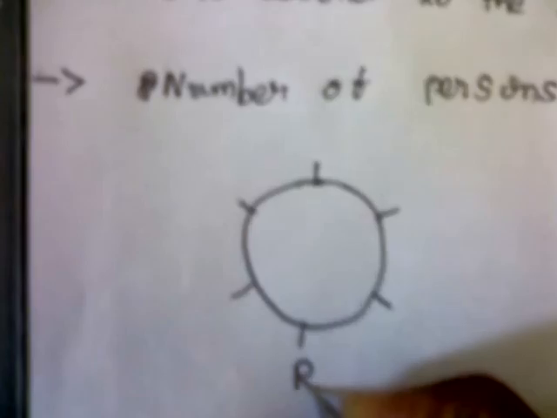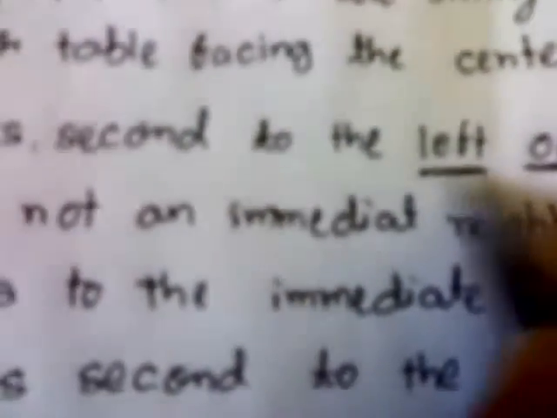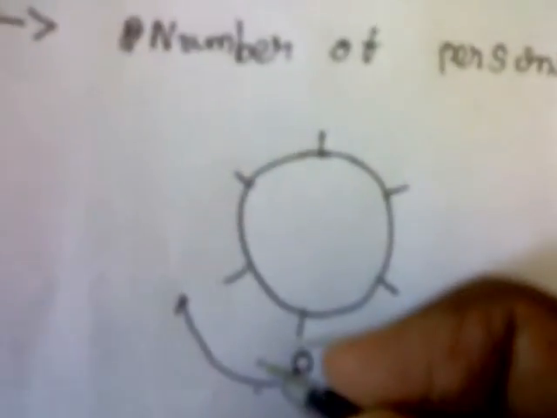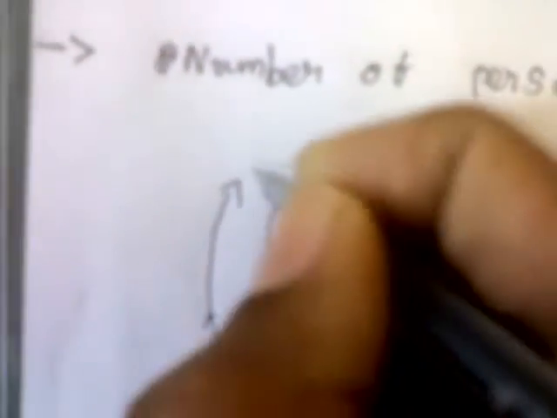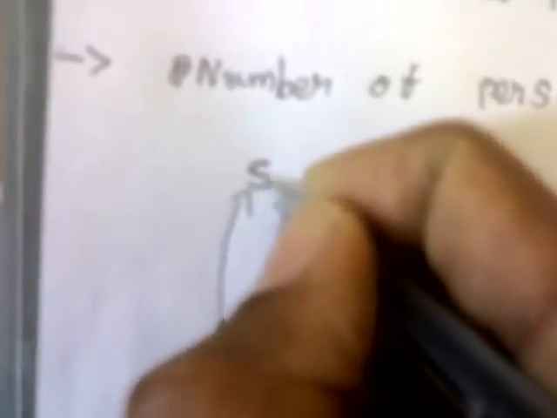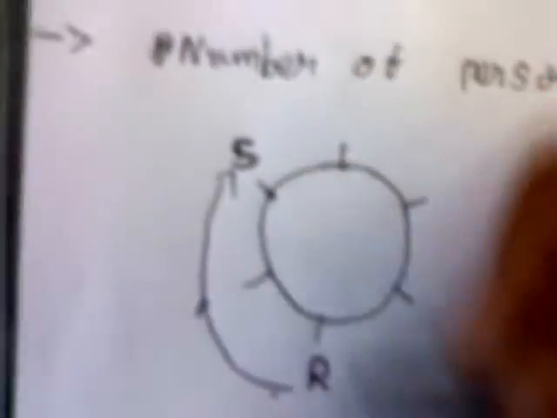So we will put R randomly here, and now read the condition again. S sits second to the left, and here comes the word left. So we will move in a clockwise direction from R, and it says second to the left of R. This is the first and this is second, so S will be here. So our first condition is satisfied. S sits second to the left of R.